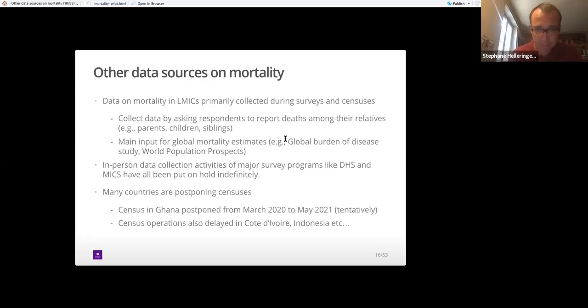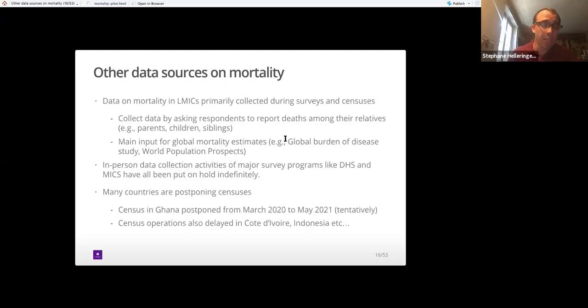Now, in the context of the pandemic, there's a major problem: these data collection activities are all in-person activities, and for safety precautions, they've all been put on hold indefinitely. That's the case, for example, for major survey programs like DHS and MICS.